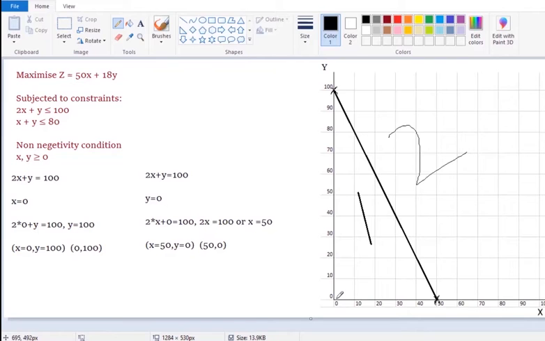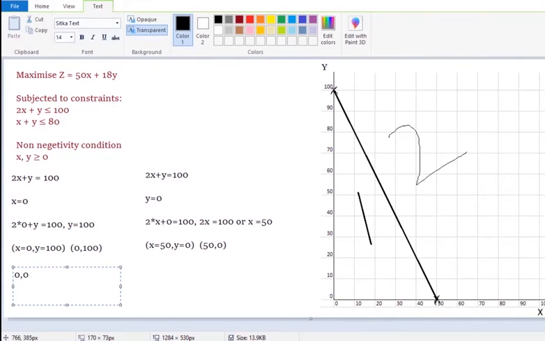If I take 0, 0, what will you get? 2 into 0 plus 0 is 0. So 0 is less than or equal to 100. So that is correct.